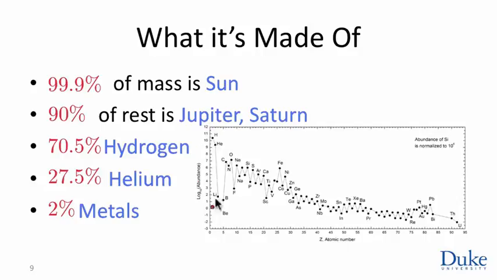The scale is kind of random, but it's a logarithmic scale, so the fact that helium registers one less than hydrogen means that there's about one helium atom for each 10 hydrogen atoms. There's a factor of 10 less helium than hydrogen, and together, because everything else is down by a factor of 10,000, they comprise almost the entire content of the solar system.